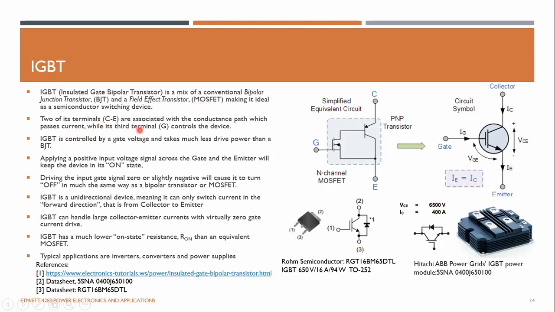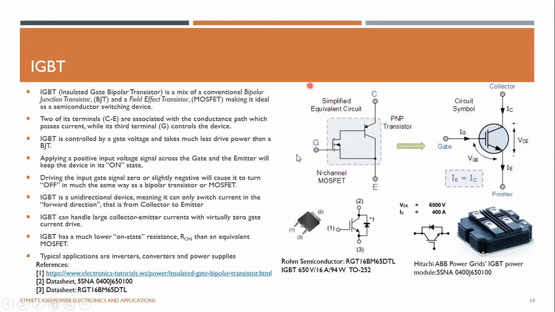It is a three-terminal device. It has a gate, collector, and emitter, not drain and source like the MOSFET. IGBTs are controlled by gate voltage, not by gate current like a BJT transistor. This is a typical arrangement. You have an N-channel MOSFET here, which means you can drive it with a voltage signal.